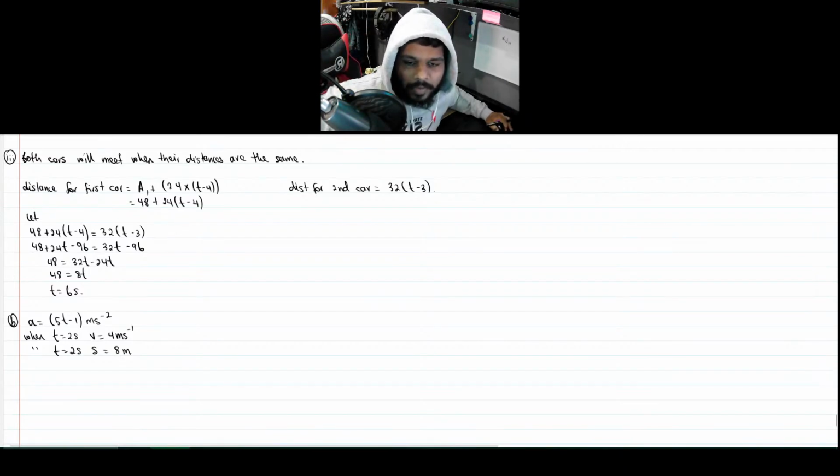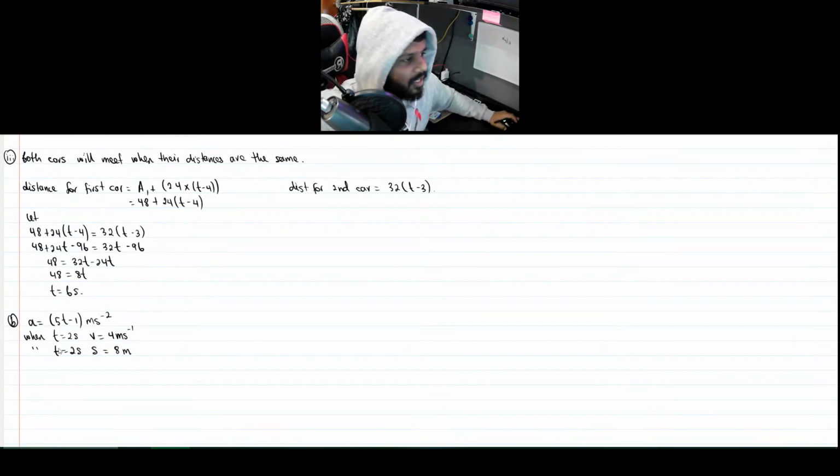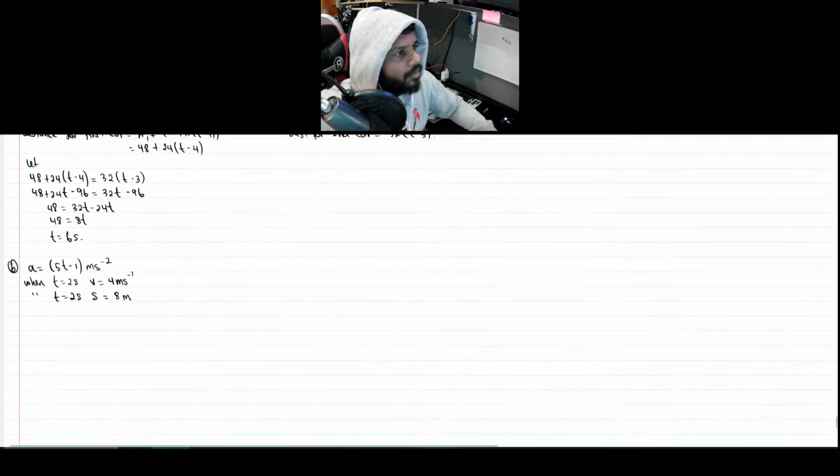Now, by now, everybody should know the little acronym SVA. If you don't know, now is your chance to know. S represents displacement, V represents velocity, and A represents acceleration. I'm differentiating going down with respect to t, and I'm integrating going up with respect to t.